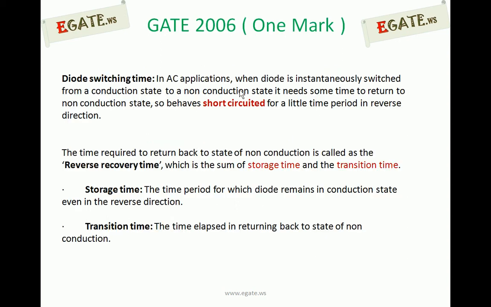We'll see the details. Diode switching times. In AC applications, when a diode is instantaneously switched from a conduction state to a non-conduction state, that is, forward bias to reverse bias, it needs some time to return to the non-conduction state. So it behaves as short-circuited for a small time period even in the reverse direction.